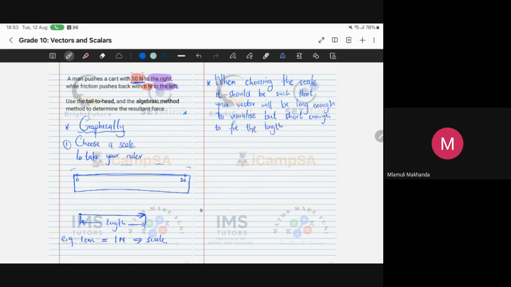So it doesn't have to be the length of this ruler. It can be somewhere in between. It doesn't have to be 30 centimeters exactly, because then you will have a very long vector that covers your entire exercise book. That's just impractical. You can't work with that.